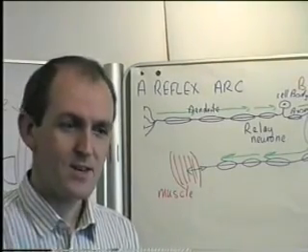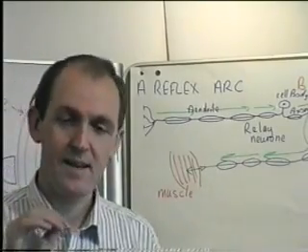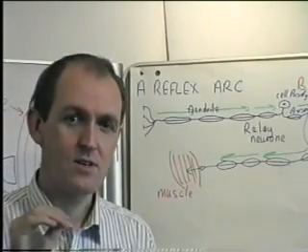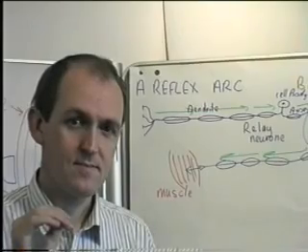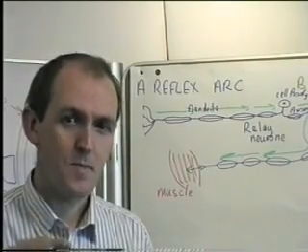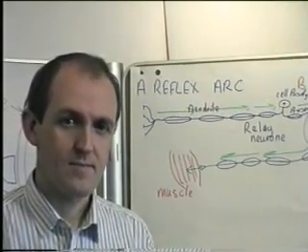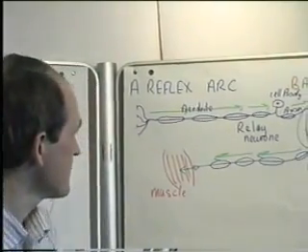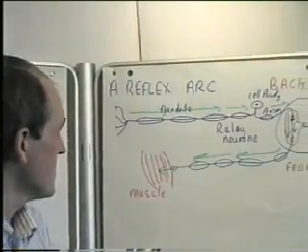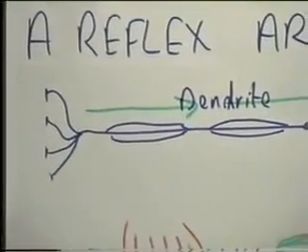And of course the clever bit is, the muscle that moves is the appropriate one to draw back the hand from whatever is hurting it. So the reflex is appropriate to stop the tissue damage which is happening at the time. So, the three components of a reflex arc.